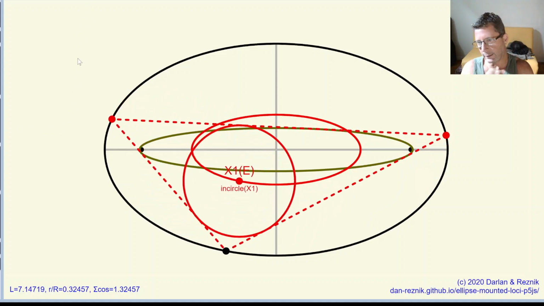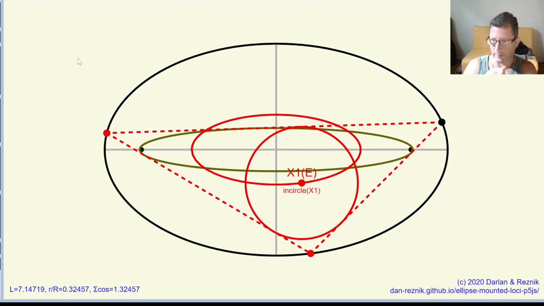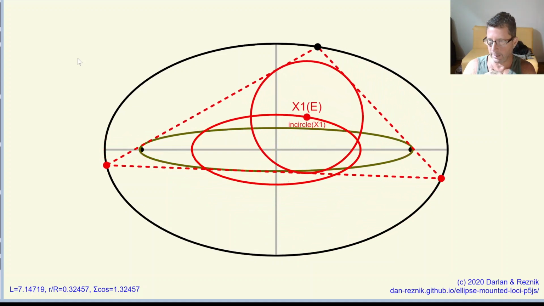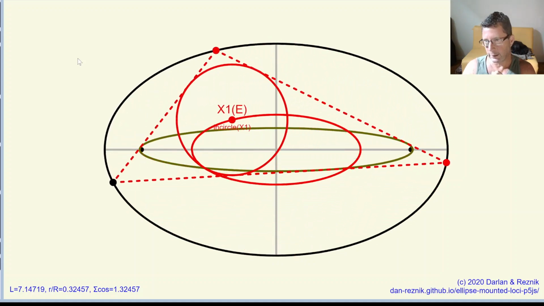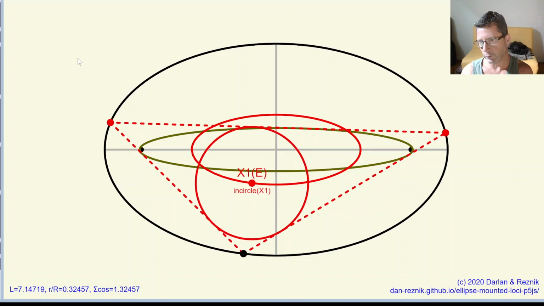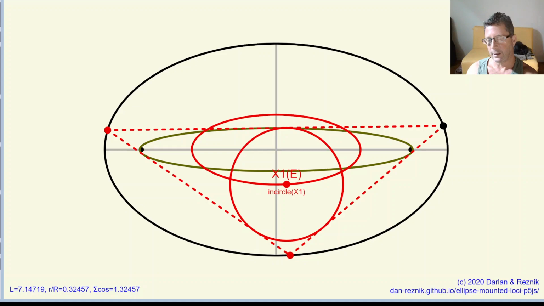So you can see here that X1, the first triangle center in Kimberling's Encyclopedia of Triangle Centers, is the center of the incircle of a triangle, and uniquely for the case of the confocal family, the locus of X1 describes a conic.